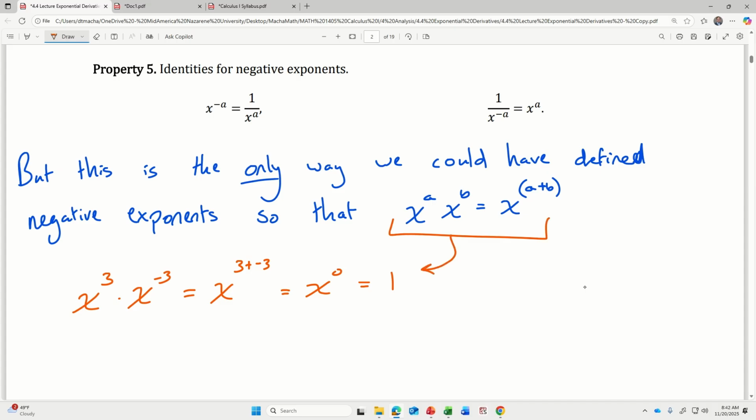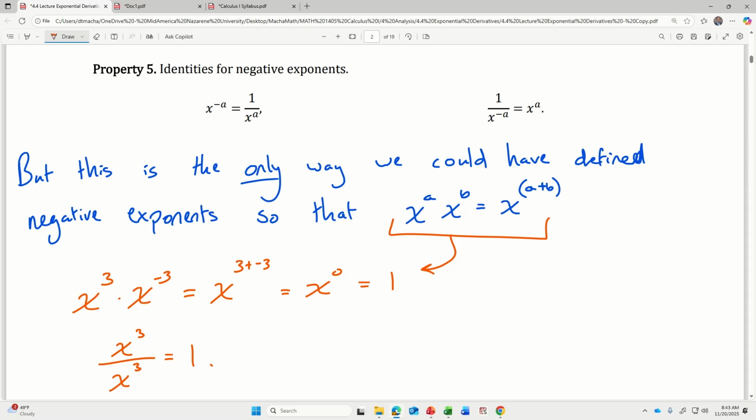So to stay consistent with the product rule, what's the only way to describe x to the negative 3 power? It would have to be like dividing by x to the 3 power. And it doesn't just have to be the number 3, but you can plug in the number 4, the number 5, the number 6.